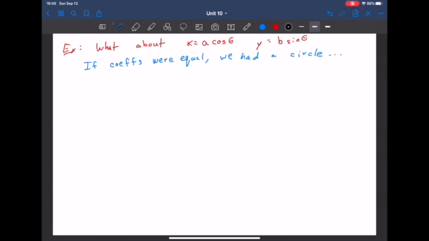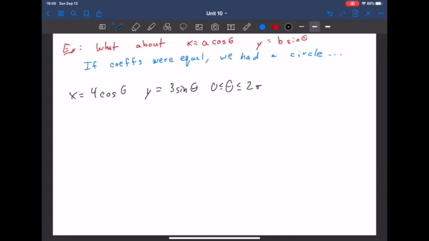So what about x equals 4 cosine theta, y equals 3 sine theta? And we'll do theta from zero to 2 pi, a full period of sine and cosine.